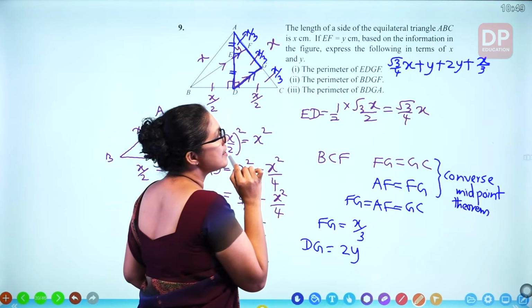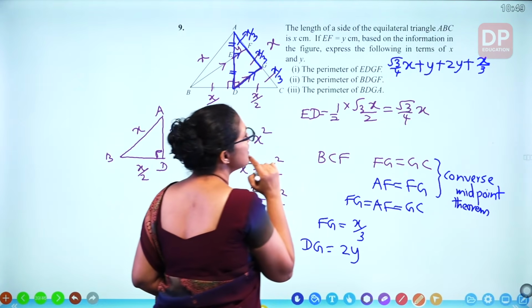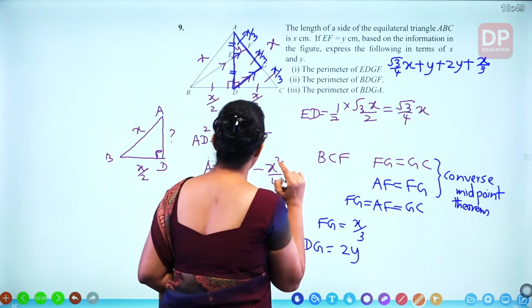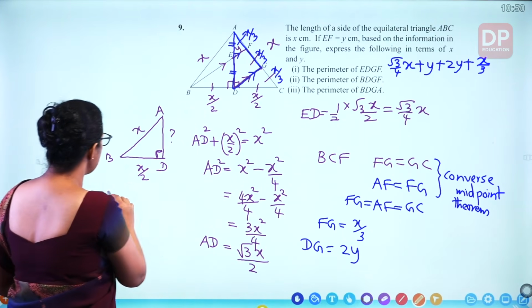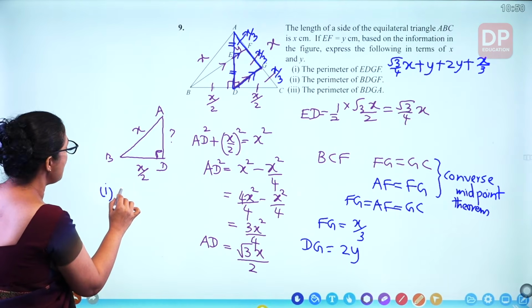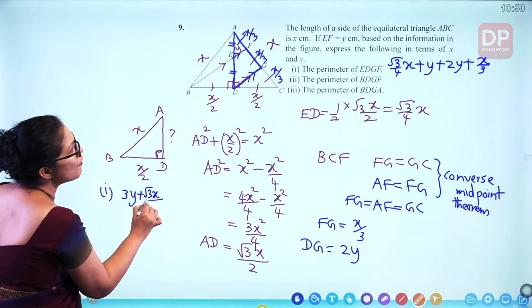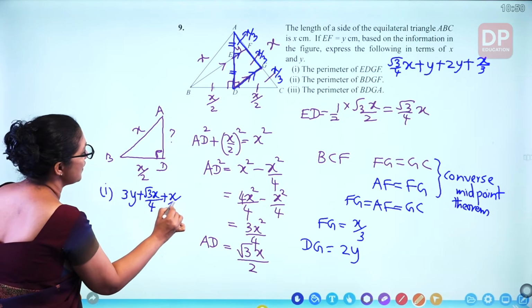So I can take the terms together and write this answer as 3y plus root 3 x over 4 plus x over 3.